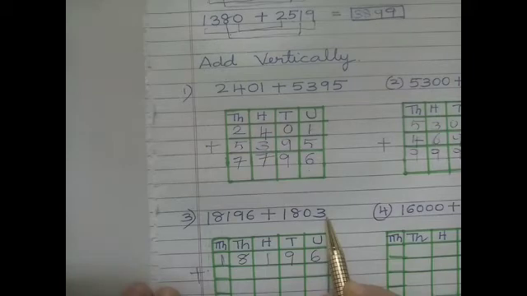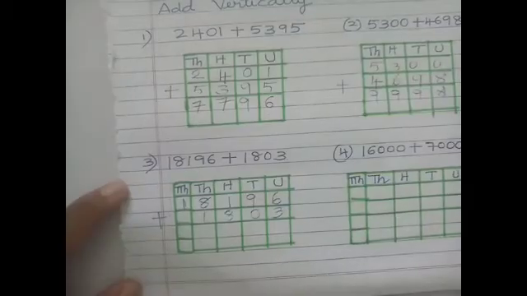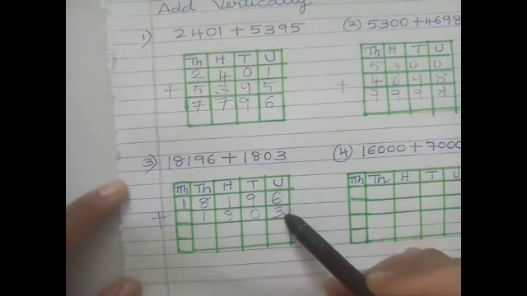In which place will 1000 come? It will come in the thousands place. So you have to write here 1803. Let us add from the units place.